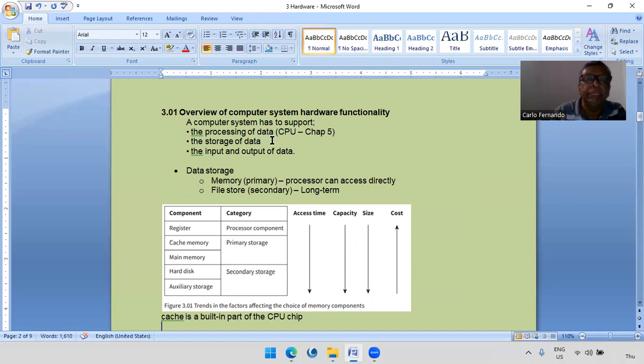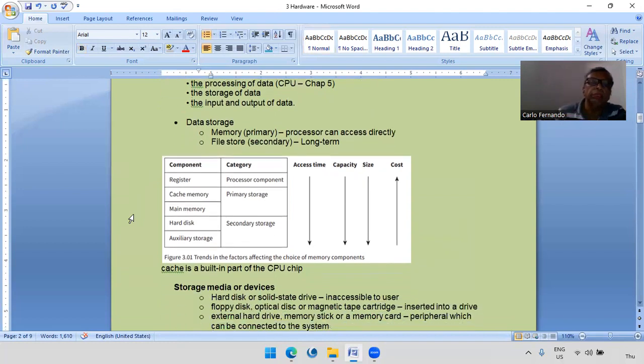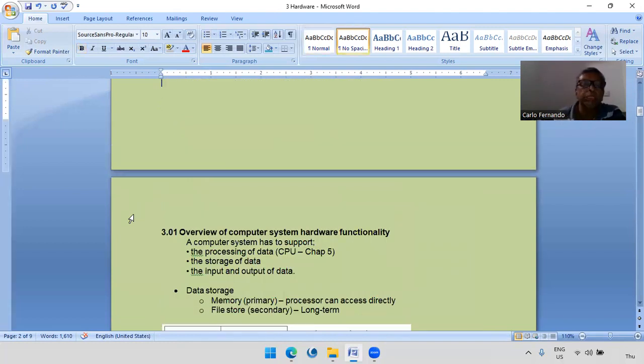The storage of data. Where do you store the data? And the input and output of data. Input, very important, and the output is the useful information. Let's take that. Processing is not covered in this chapter.